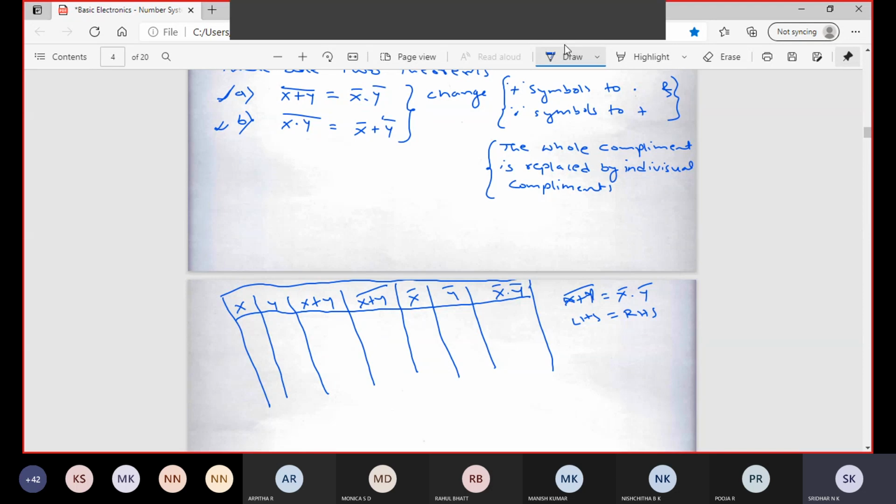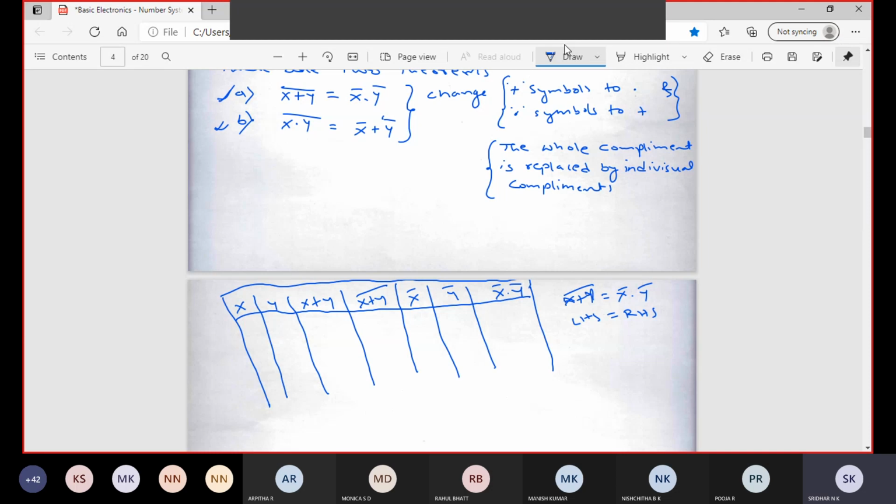First I have to write two variables, x and y, and we have x plus y first. Next I have x plus y whole bar. Next I need x bar and y bar, and then the product of this, that is x bar dot y bar.